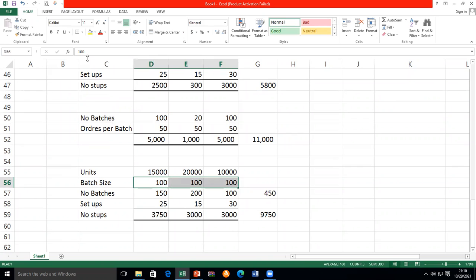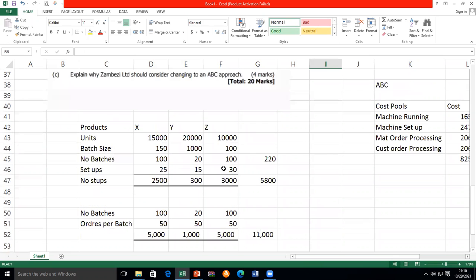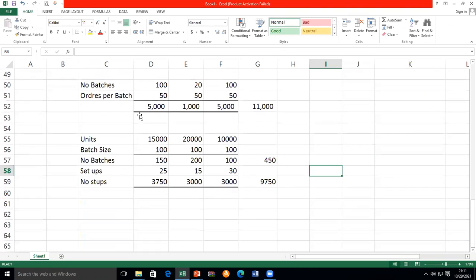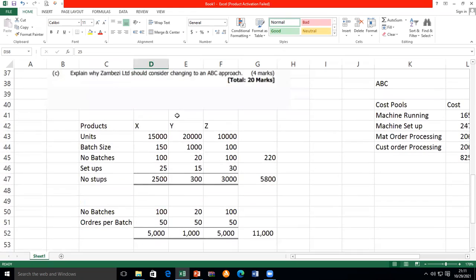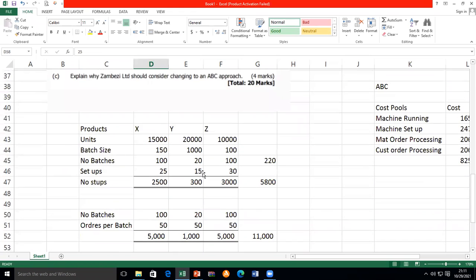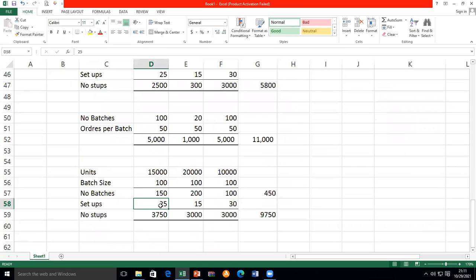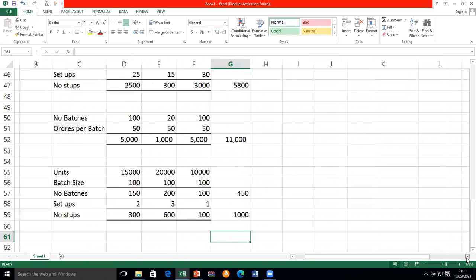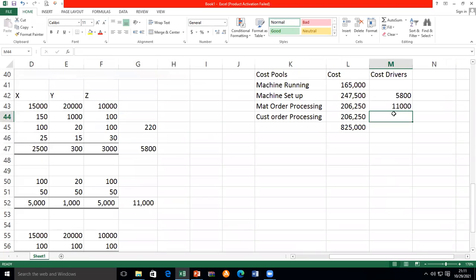So once you divide, you get the number of batches. And then how many orders, customer order processing per batch? There are two. They're saying that it should be 2, 3, and 1. So here is 2, there is 3, there is 1. So you multiply, and you have 1,000. So we've got a bit of work to go through this.